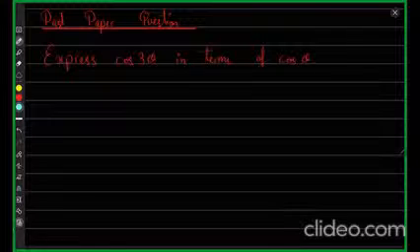You've been asked to express cos 3 theta in terms of cos theta only. So this is basically the challenging part.